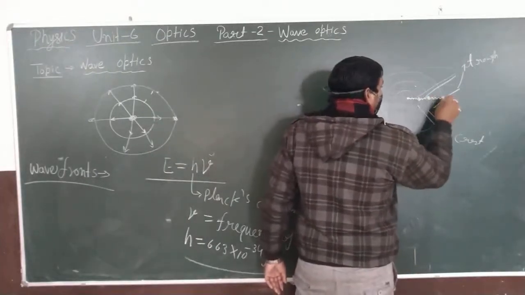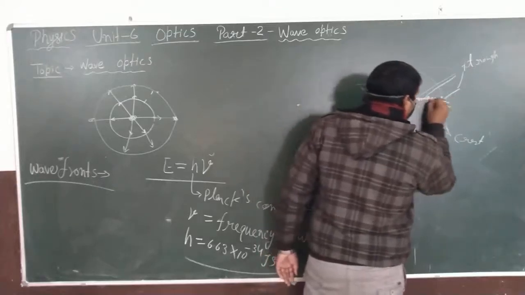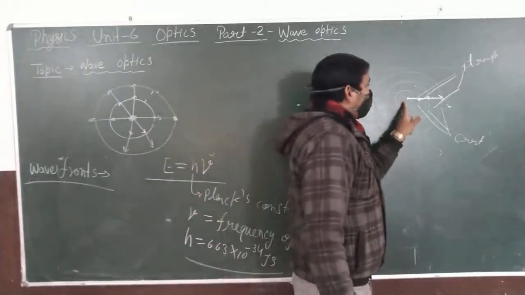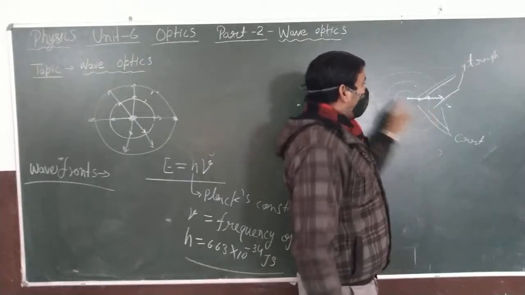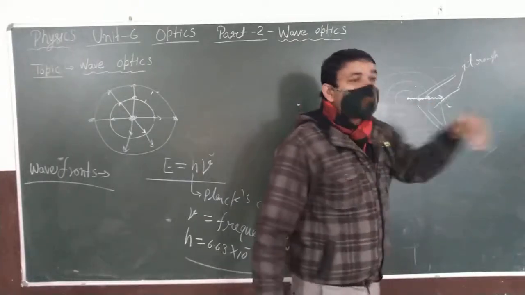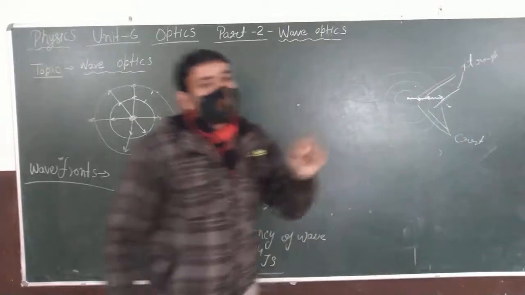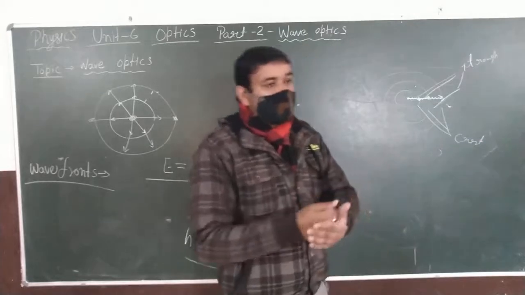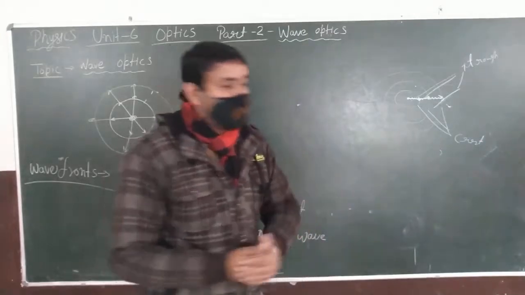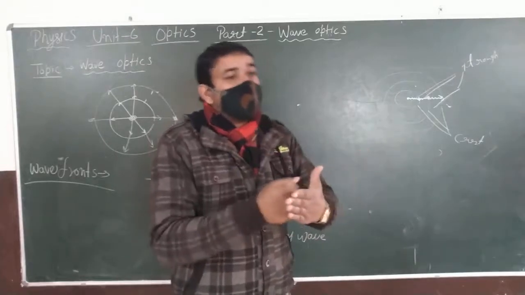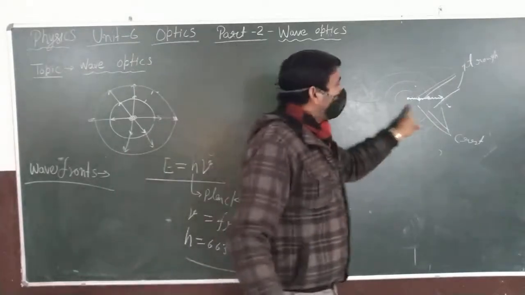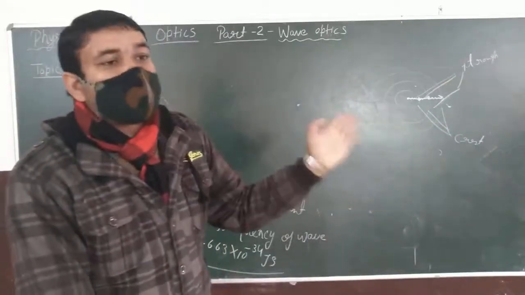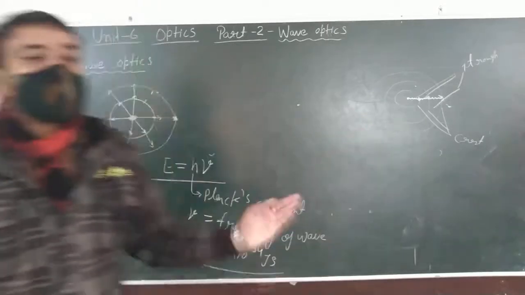These points behave like crests, and the light is traveling in a straight line. Similarly, when sound waves travel in a medium like air or any other medium, their compressions and rarefactions are similar to crests and troughs, which give the direction of propagation of the wave.